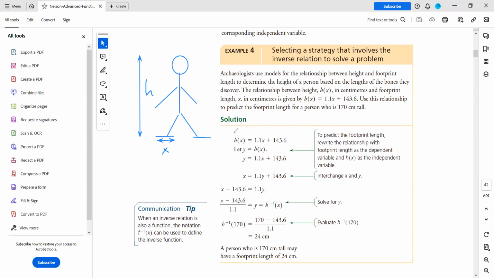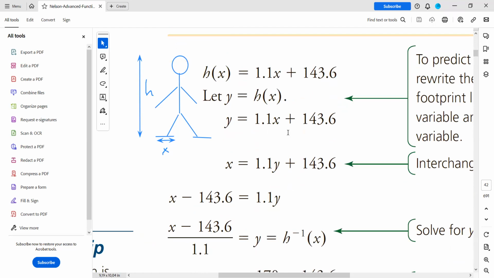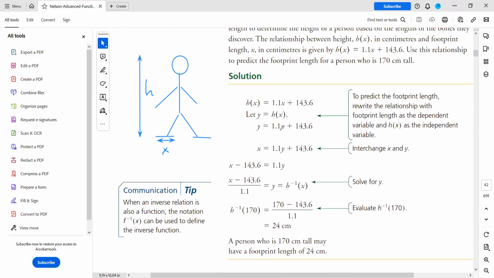We have to express the length of the footprint with respect to the height. For the sake of simplicity, let's represent h of x as the letter y, because it's easier for us to write it that way. Now we have y equals 1.1 times x plus 143.6.